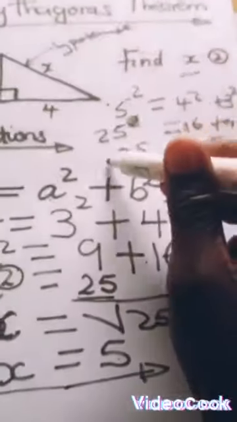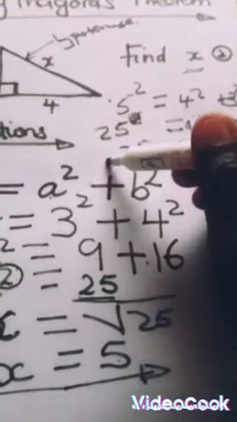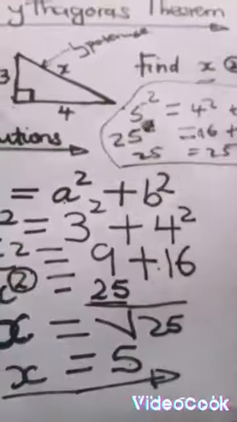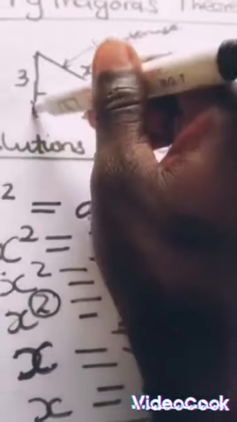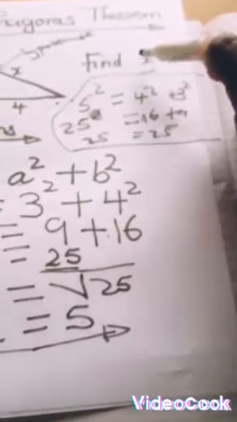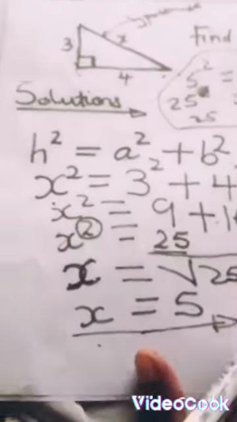So here we have proved that if we square the hypotenuse, it is equivalent to this side squared plus this side squared. So in our question, which said find the value of x, we got it, right?